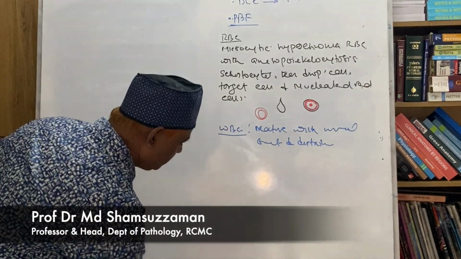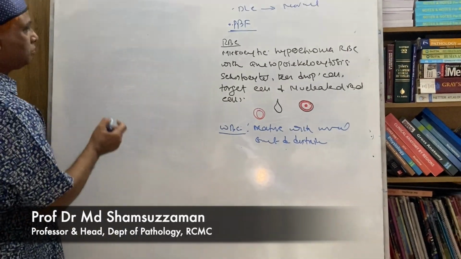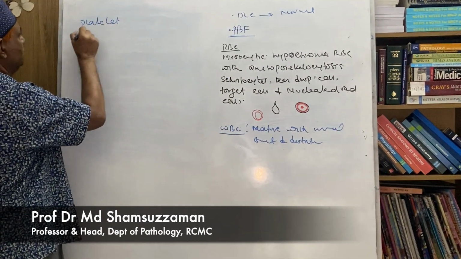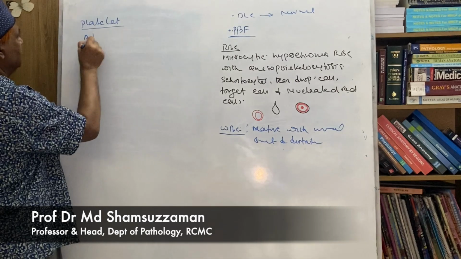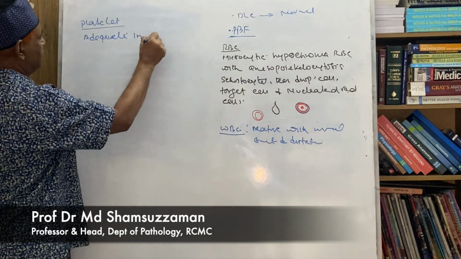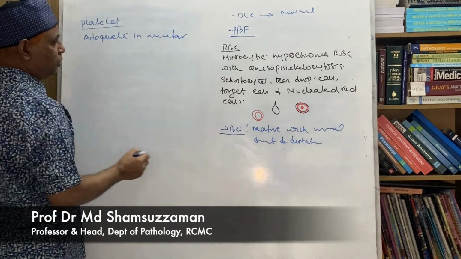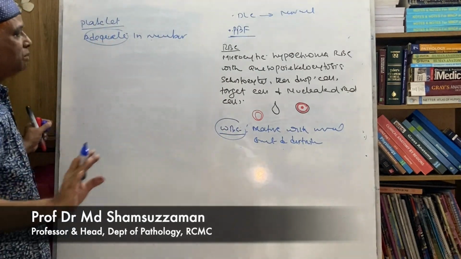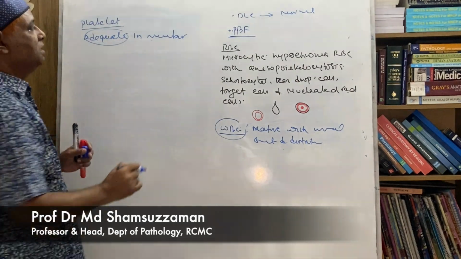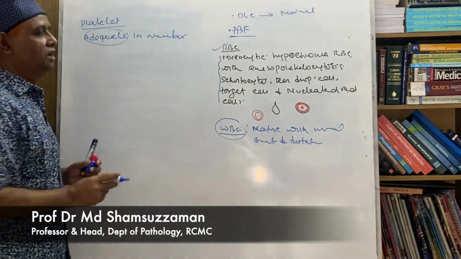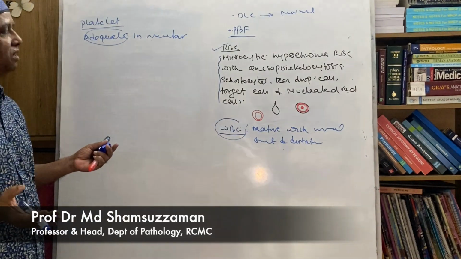In the peripheral blood film, again, platelets are adequate in number. So normal WBC and adequate platelets indicate it is not a disease of WBC or platelet, but these findings within the RBC indicate it is a disease of RBC, that is, it is a case of thalassemia.